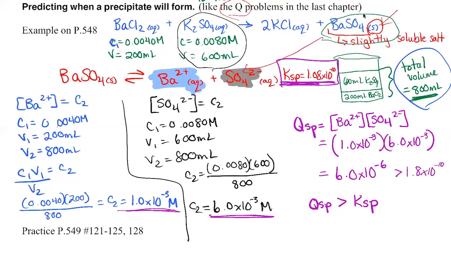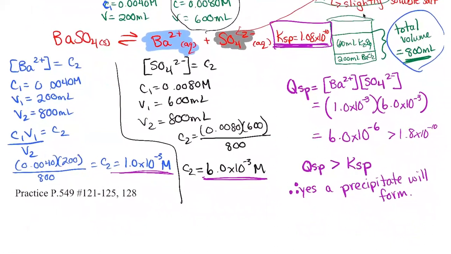And if there's more available than there is that can be dissolved, so a larger Q than a K, then that means that yes, a precipitate will form. So in general, let's make a little note down here. If Qsp is greater than Ksp, a precipitate is going to form.